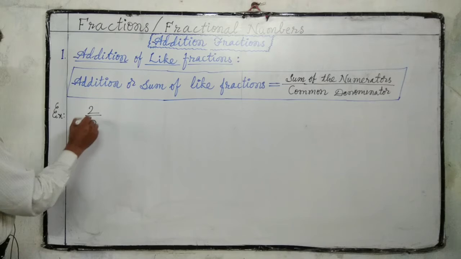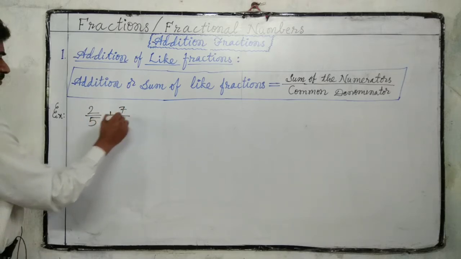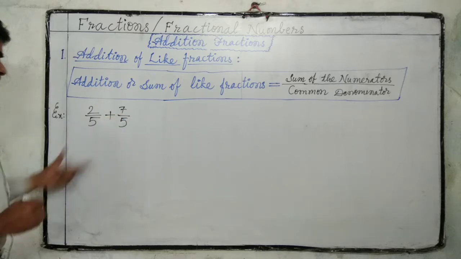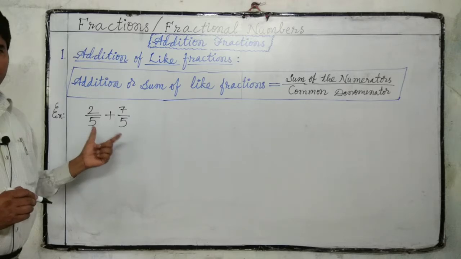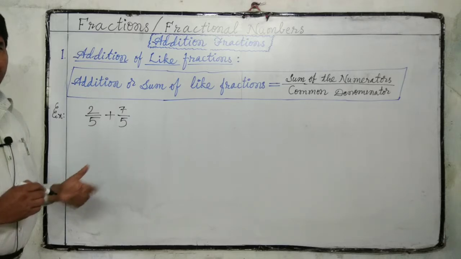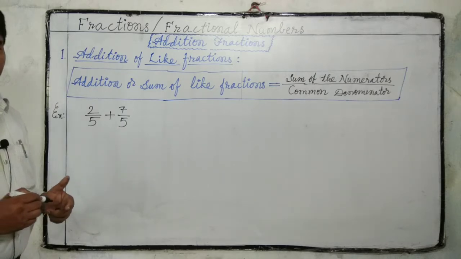2 by 5 plus 7 by 5. These are like fractions. We know that if the denominators of fractions are same, then they are called like fractions.